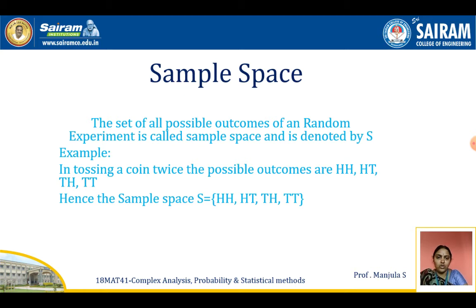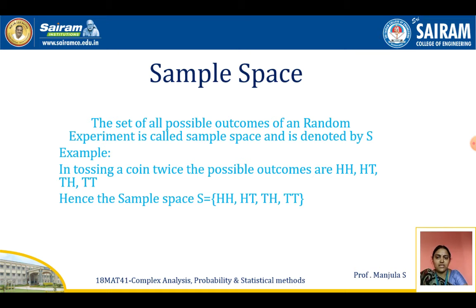What are all the possible outcomes? Both times I may get head; first time head, second time tail; first time tail, second time head; and both times there is a chance to get tail. Other than these 4 options, there is no other option. This is the maximum outcomes I can get.